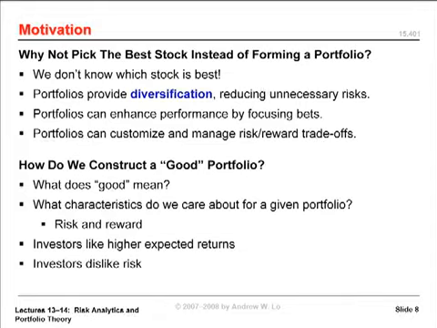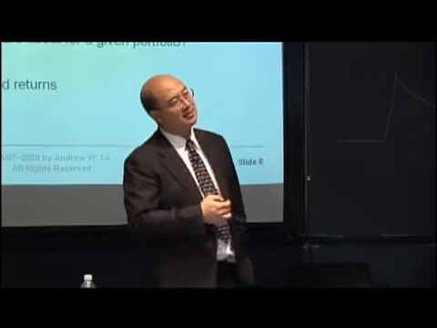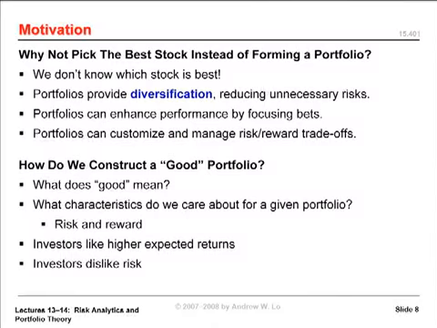And in order to answer that question, I've got to tell you what good means, or you've got to tell me what good means. So typically, what we say about a good portfolio is it's a portfolio that has high mean and low risk, right? That's what good means.